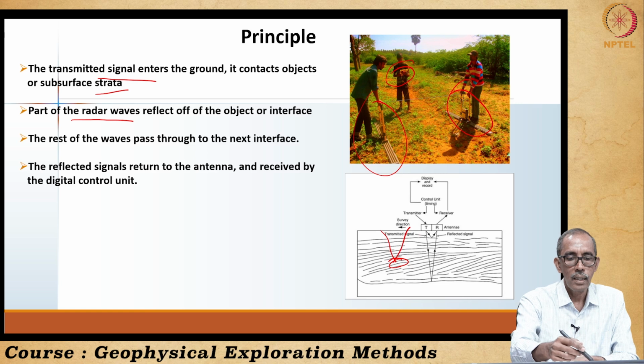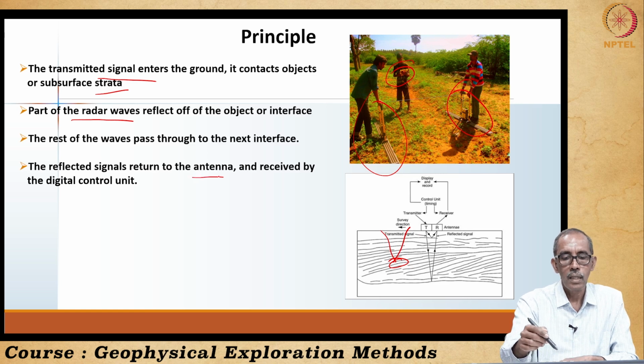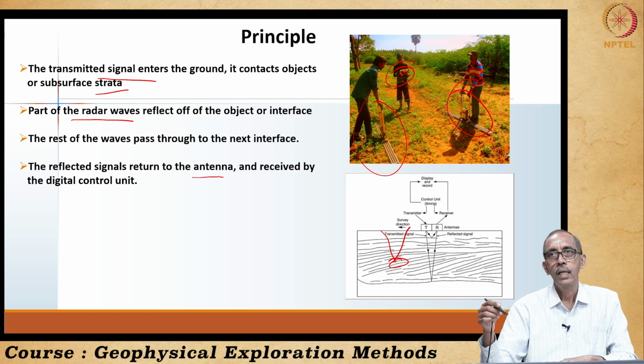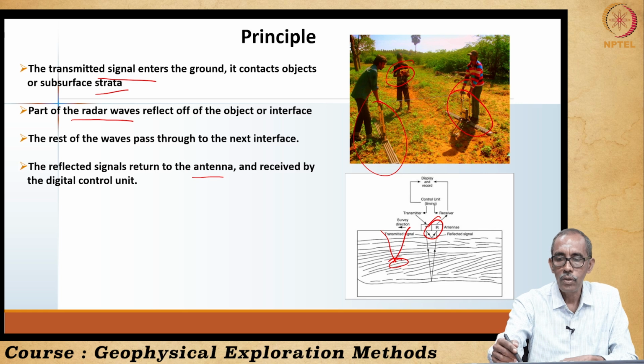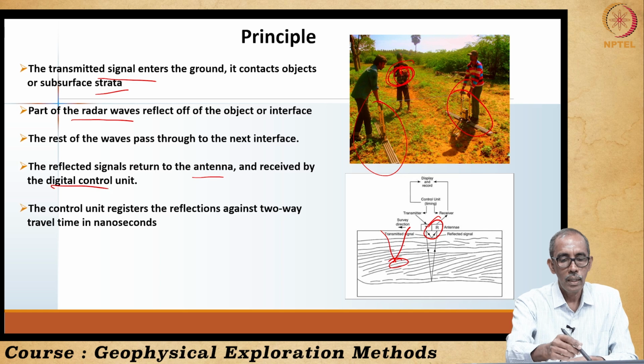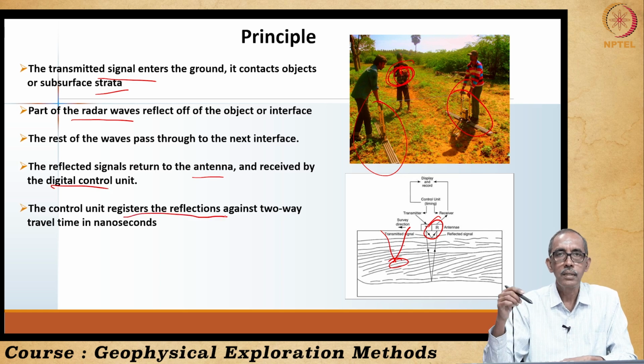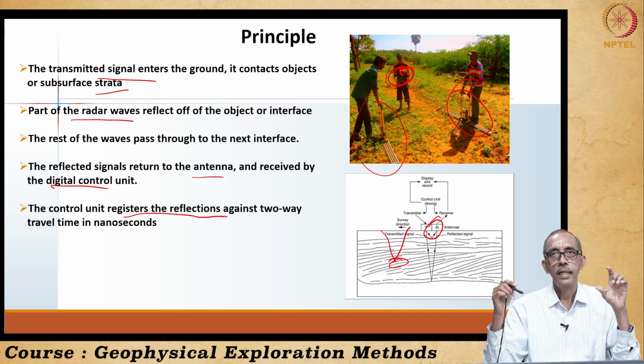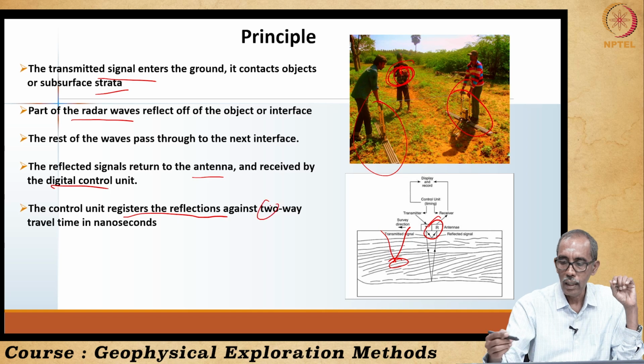The reflected signals from different interfaces return to the receiver antenna, right, and are transmitted to a digital control unit, which is held by him. The control unit records the reflections against time, that is, against two-way time, right.